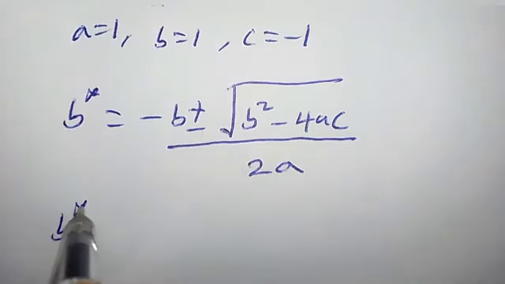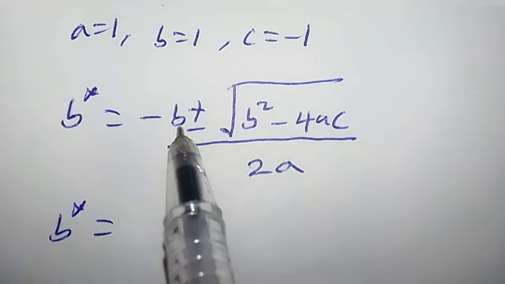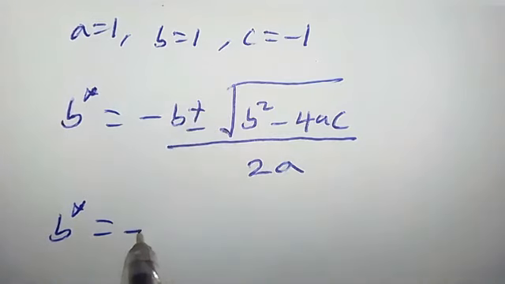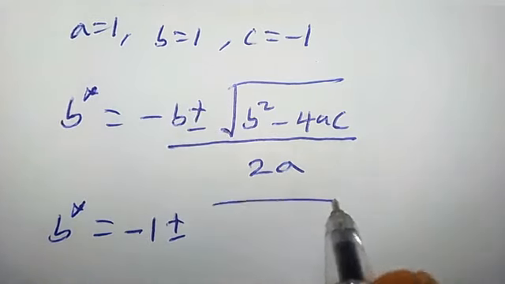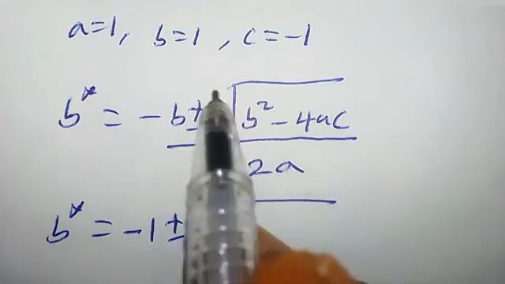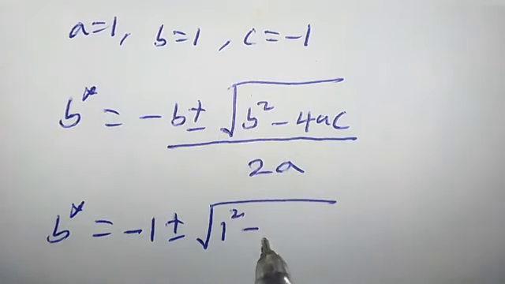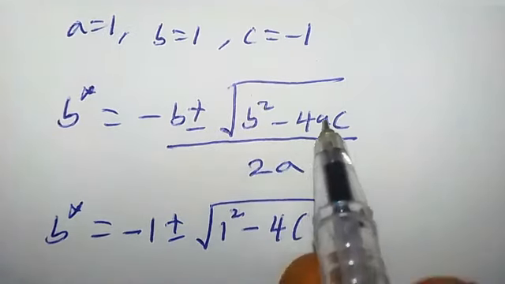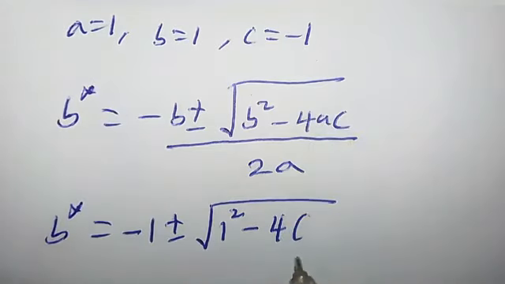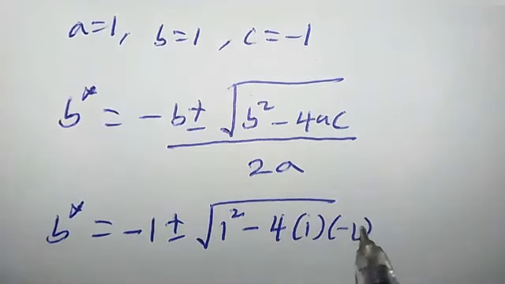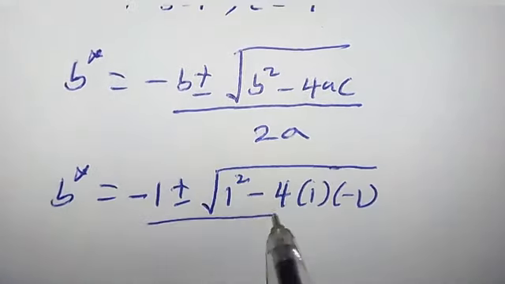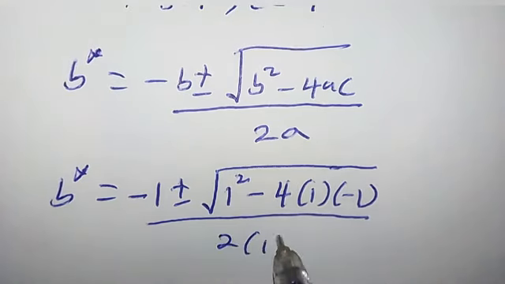B star is equal to, what is B? B is 1. So we have -1 plus or minus square root of B squared, that is 1 to the power of 2, minus 4 times A is 1 and C is -1, 1 times -1, all over 2 times 1.